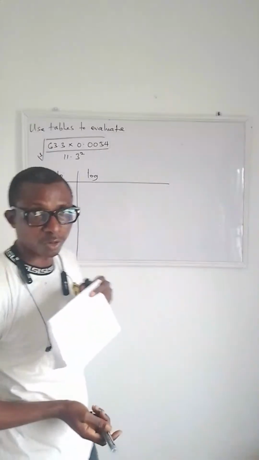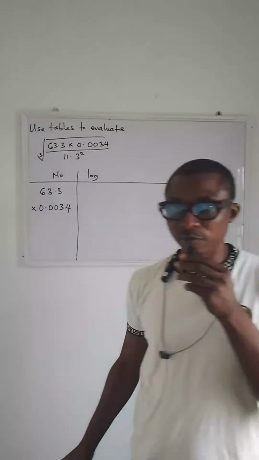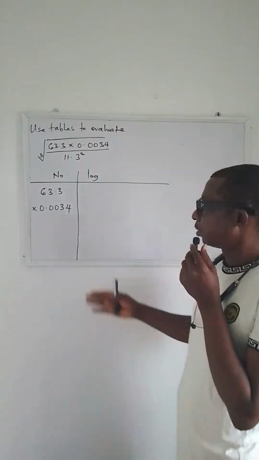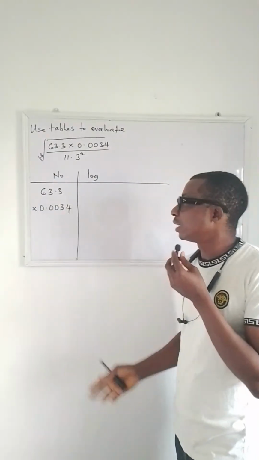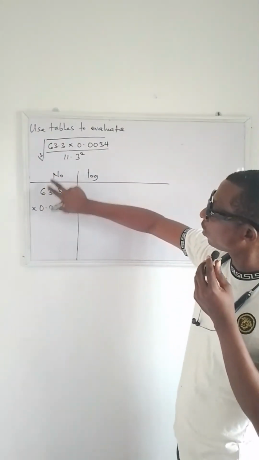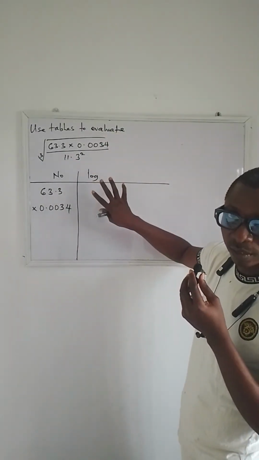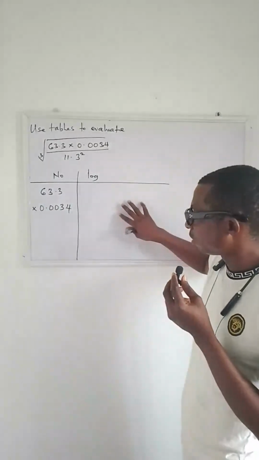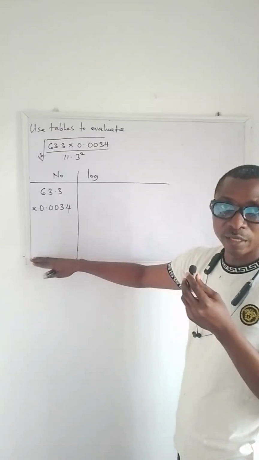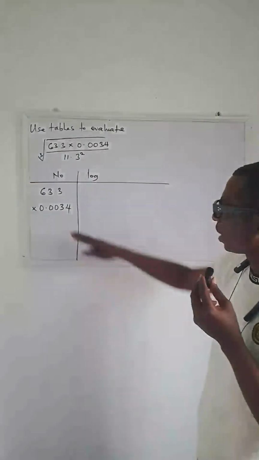We are making use of our four-figure tables, so make sure you have your four-figure table with you, because you are going to be giving me the answer to this problem. The first thing is to change all of these numbers into logarithms. We evaluate everything on the logarithm side. After solving it, we change it back to a number, making use of our anti-logarithm table.